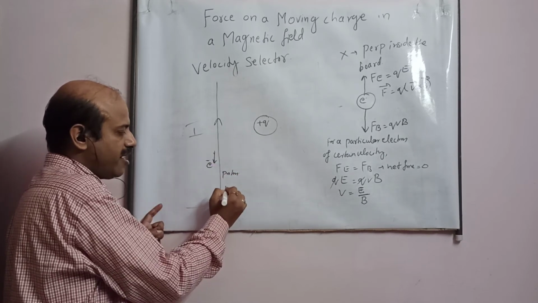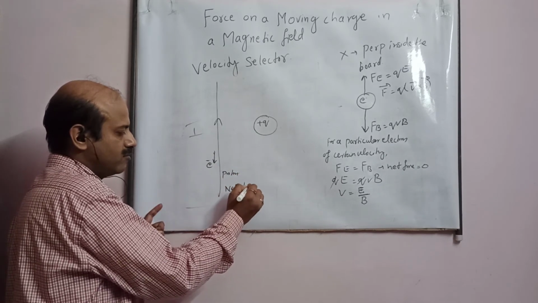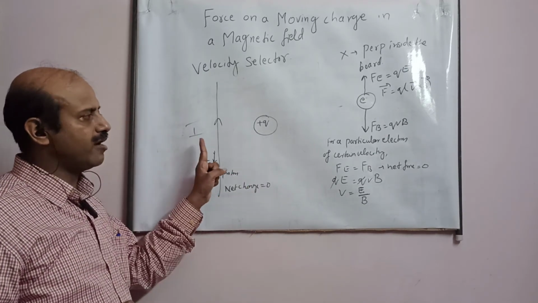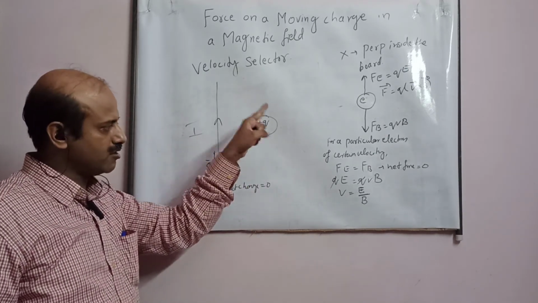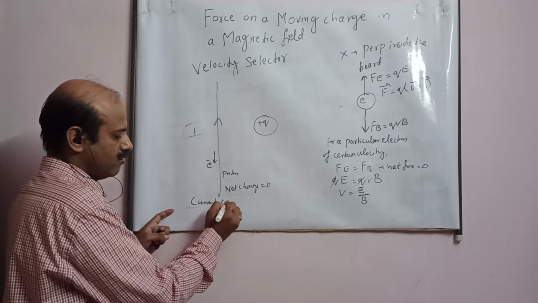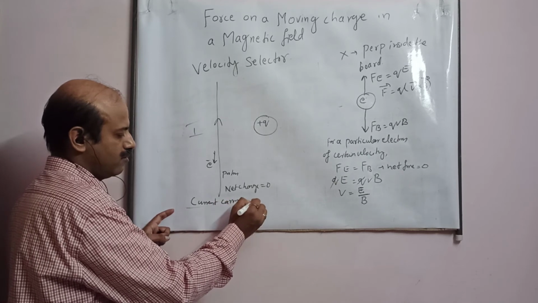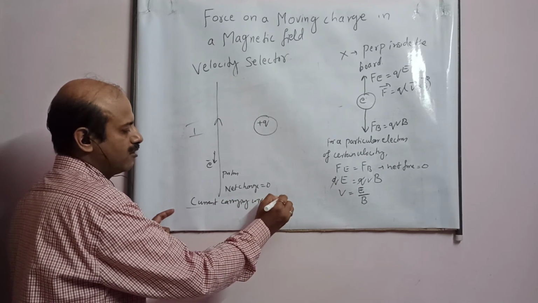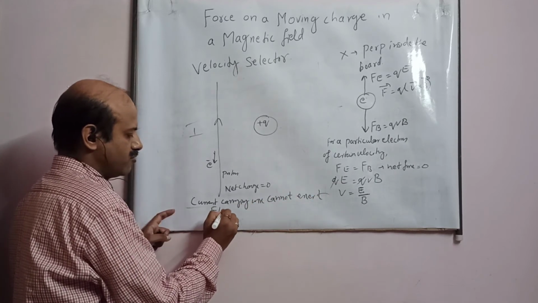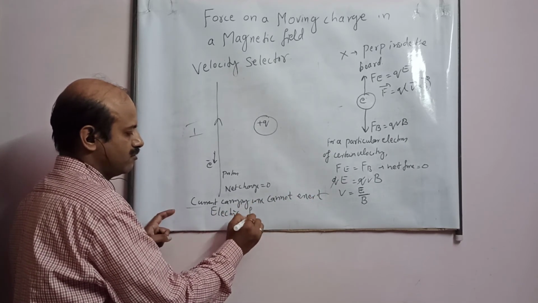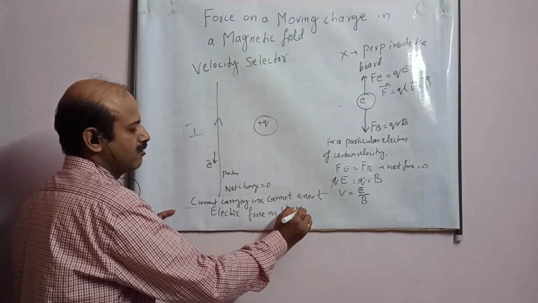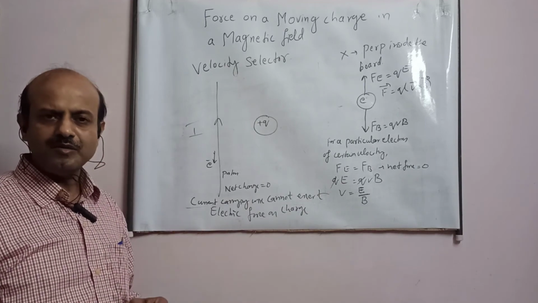So in this wire, the net charge is zero. So net charge zero means this current carrying wire cannot exert electric force on this charge, because the net charge is zero.